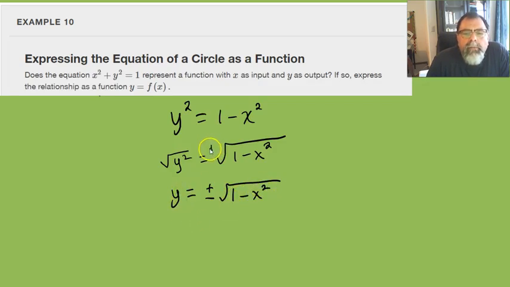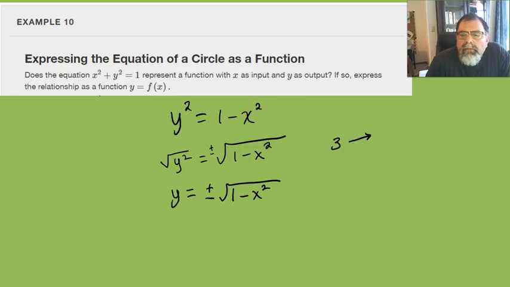Okay, so we have to put the plus minus here.